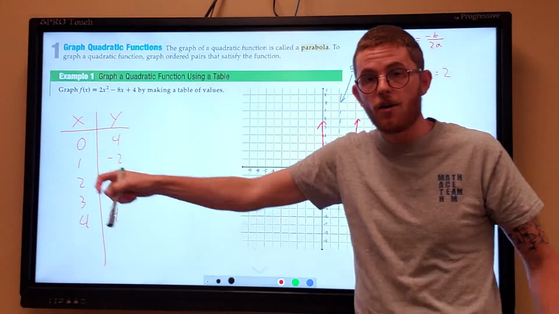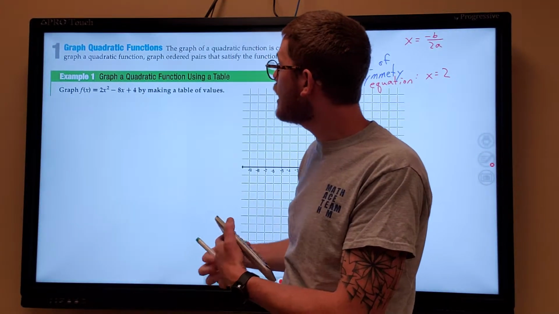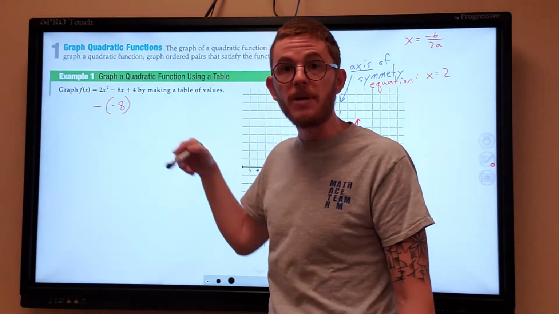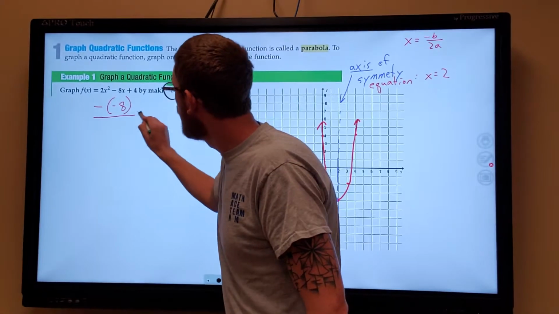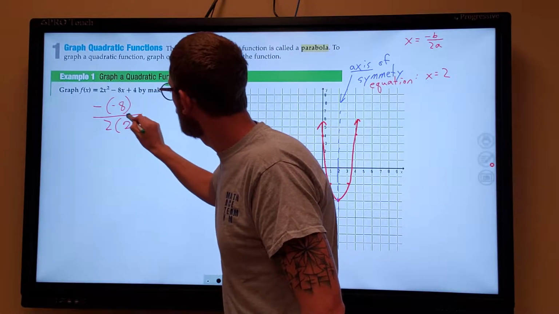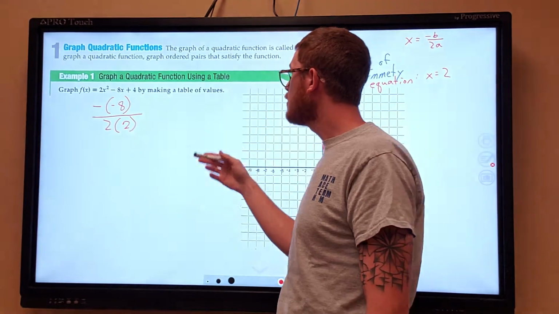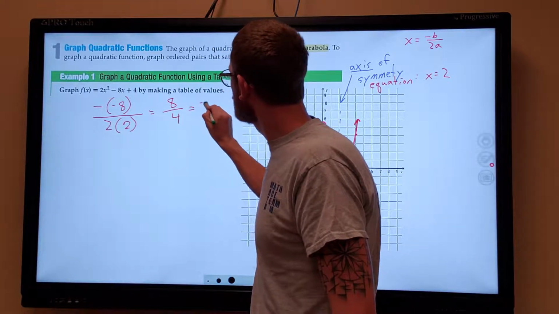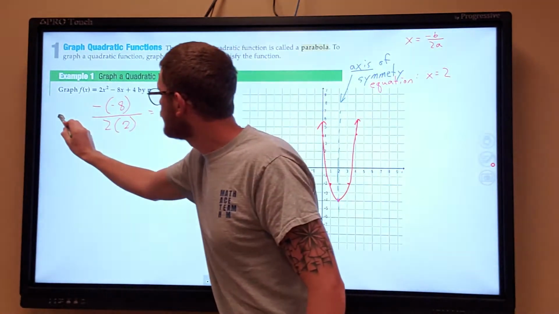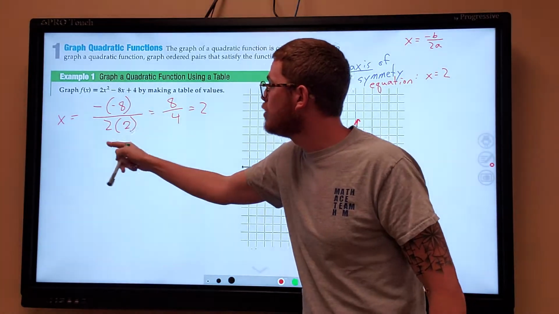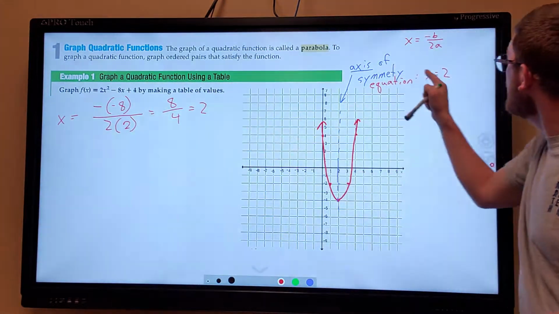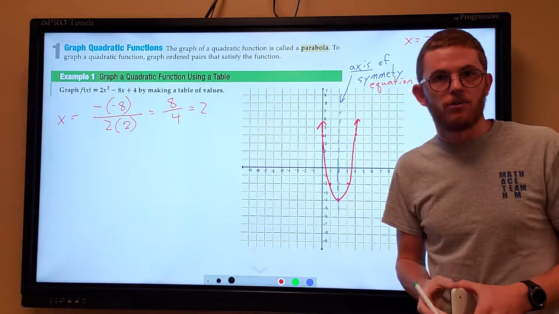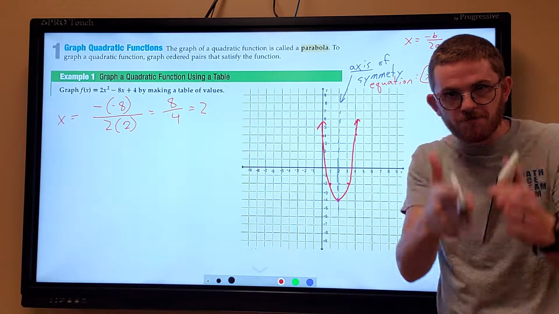Look back at our function. -b, b is -8, so -b over 2 times a. -b over 2a, we've got 8 over 4, which gives us 2. Our axis of symmetry, x equals negative b over 2a. X equals 2. Axis of symmetry. The center, the line of symmetry.